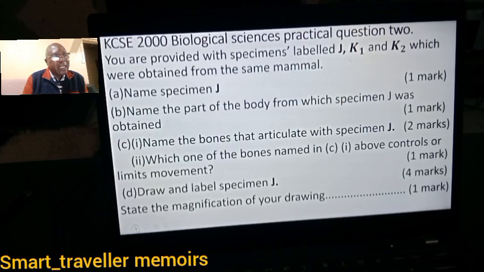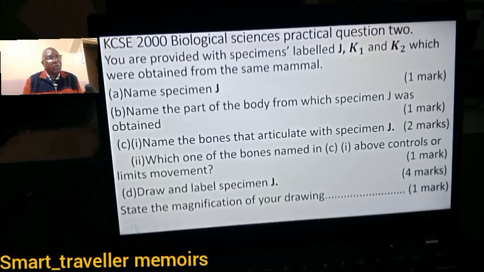Name the bones that articulate with specimen J. C. Roman 2. Which one of the bones named in C1 above controls or limits movement? And D. You are to draw and label specimen J. State the magnification of your drawing.